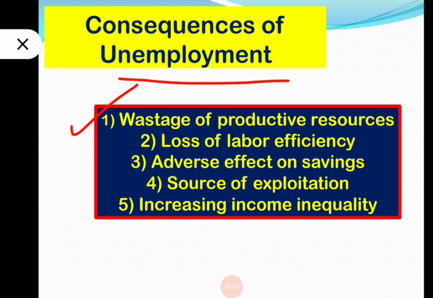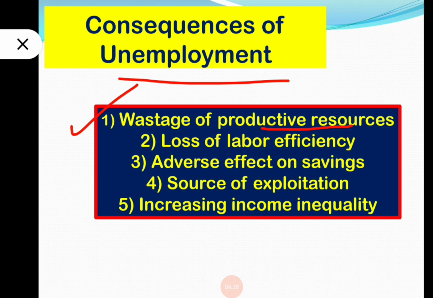So now going to the first point, that is wastage of productive resources. From the viewpoint of the nation, unemployment represents a waste of productive resources. Idle manpower means that production and income are lower than what they could be if the entire labor force was utilized.